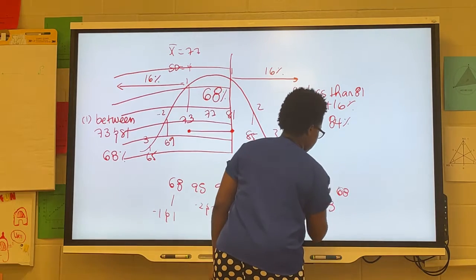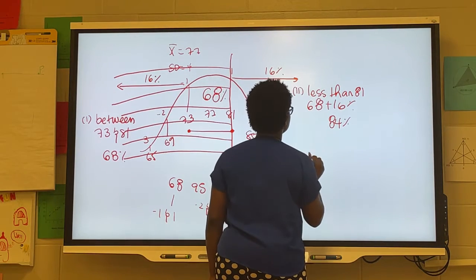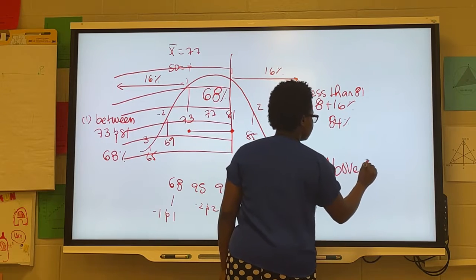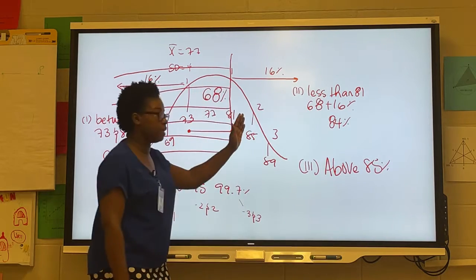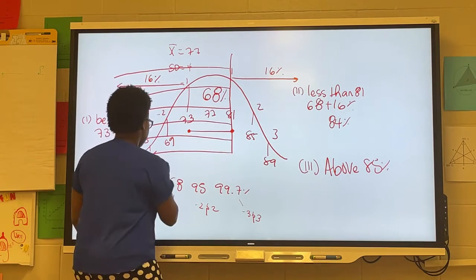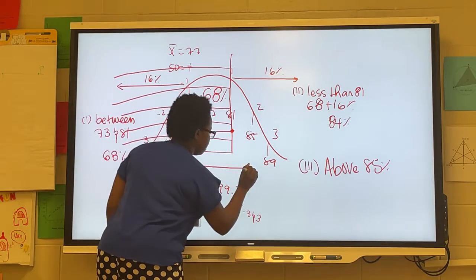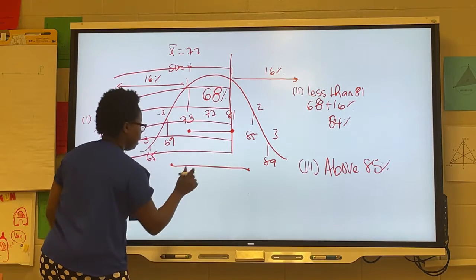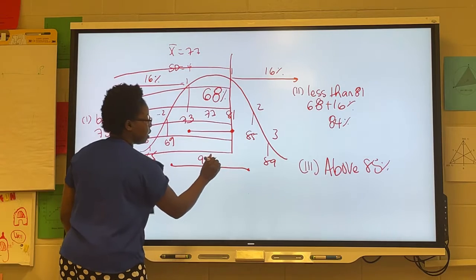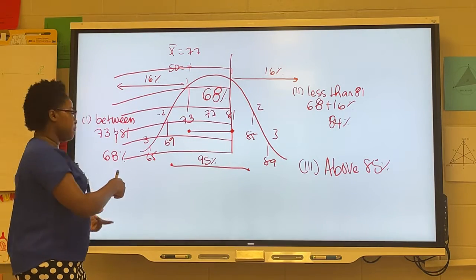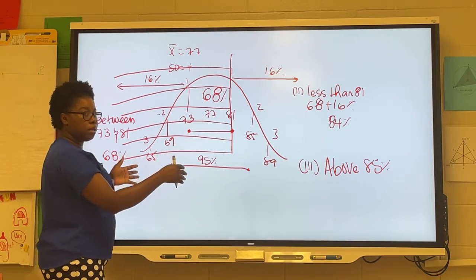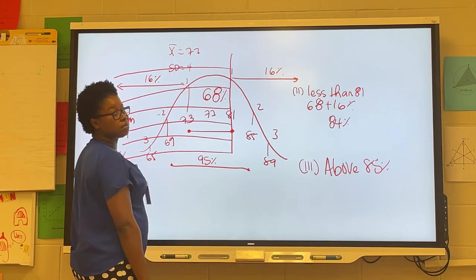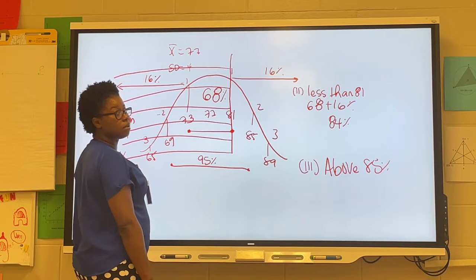Above 85. So 85 is your 2 standard deviation, and we were doing this earlier. I'm going to erase right here. So 2 standard deviations would be the 95%. But on the previous page we said that both shares should be equal. So if everything is 100 and you only have 95 here, what's missing to give you 100? 5%.